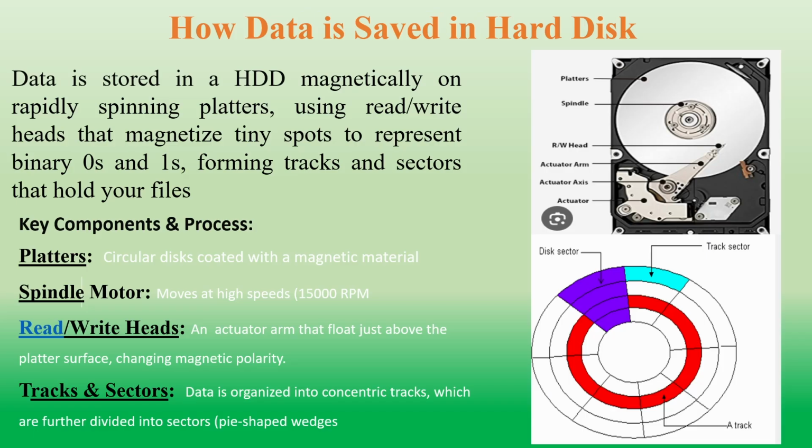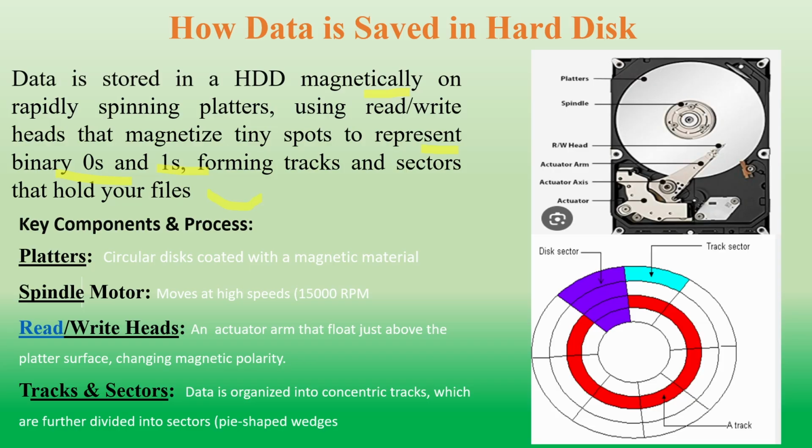So how is data saved in the hard disk? Data is stored in an HDD magnetically on the rapidly spinning platter using the read-write head. The read-write head magnetizes tiny spots to represent binary 0 and 1, forming tracks and sectors that hold the files.